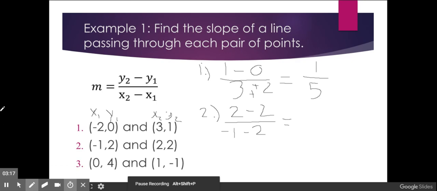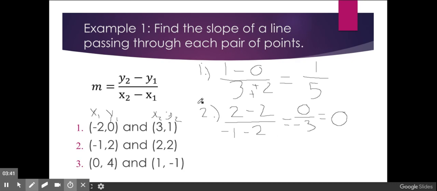So now simplifying on top, 2 minus 2 is 0 over negative 1 minus negative 2, which is negative 3. So 0 over negative 3 gives me 0. So 0 divided by any number will always be 0. Keep in mind, though, if this 0 was on the bottom, that would be undefined, not 0.